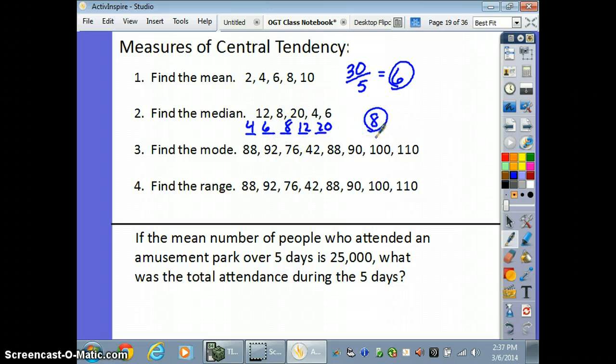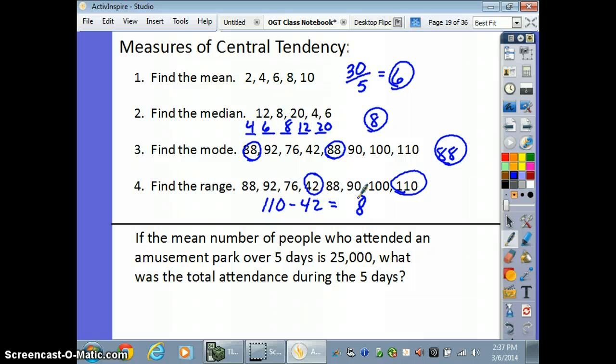The mode, that's the most common. There are 2 88s. 88 is the mode. The range, highest minus the smallest. Highest is 110. Smallest is 42. 110 minus 42. Let's see.